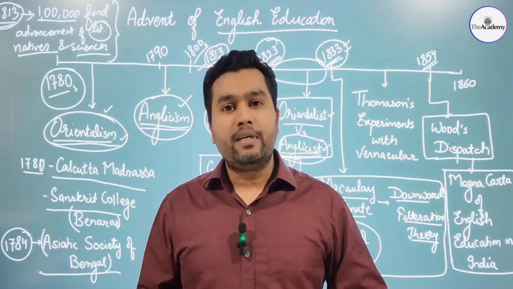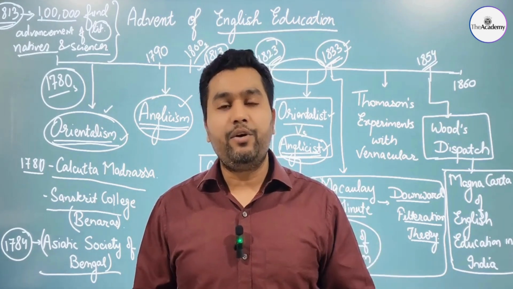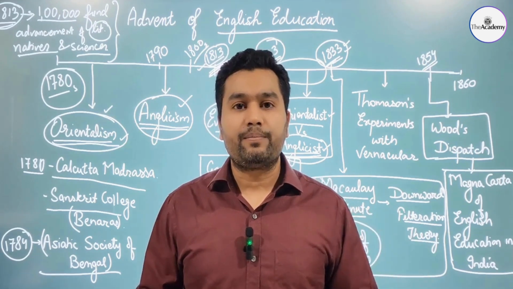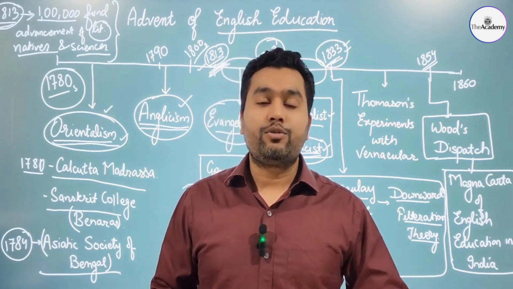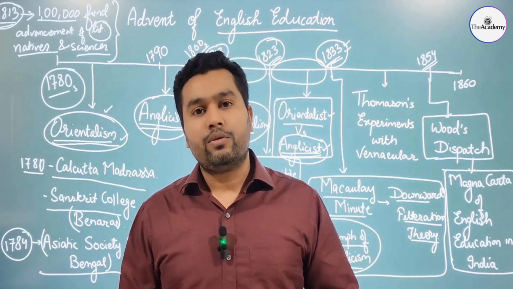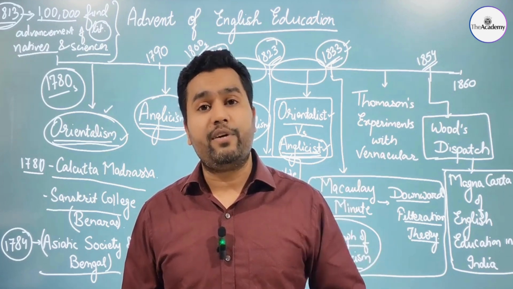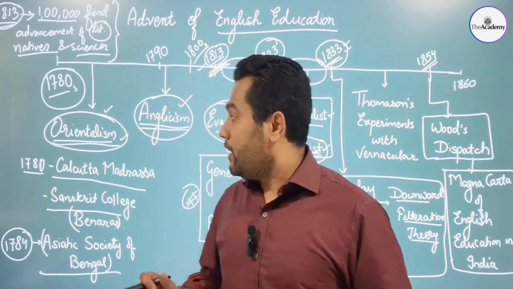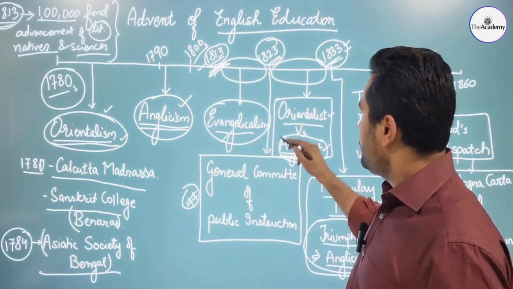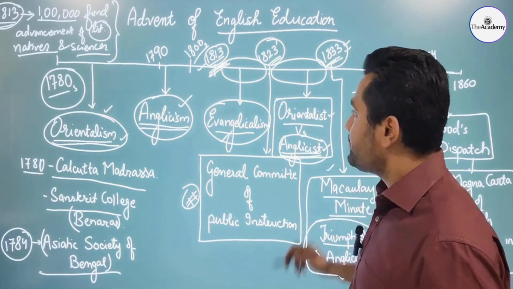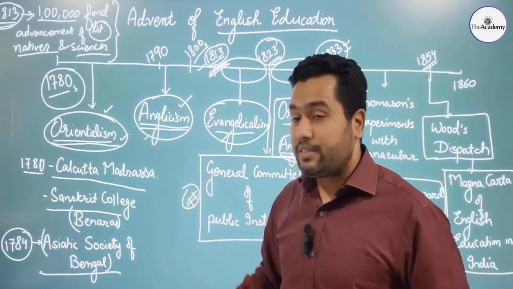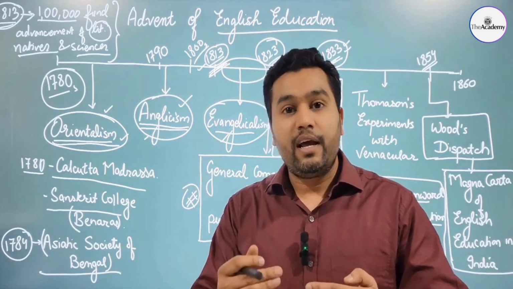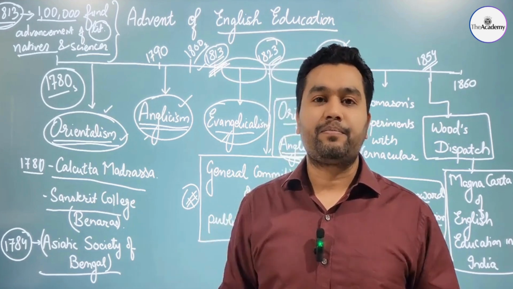So armed with Anglicist ideology, Anglicist ideas, English education, the English resorted to certain legislations also: abolition of thuggee, abolition of slavery, abolition of infanticide. And the English, along with evangelical, utilitarian thought and Anglicist supremacy, started interfering even in the social aspects of Indians.